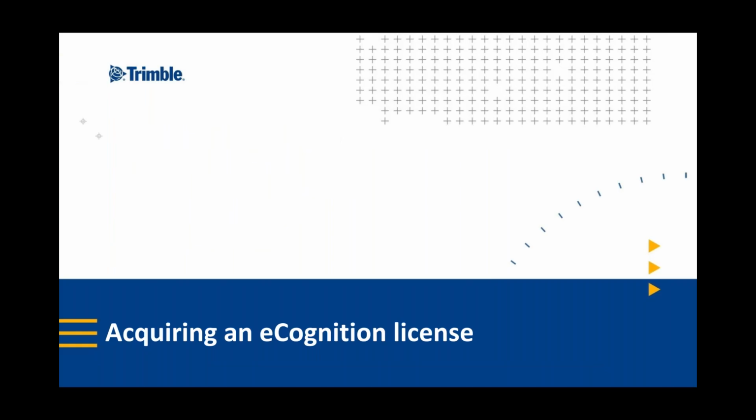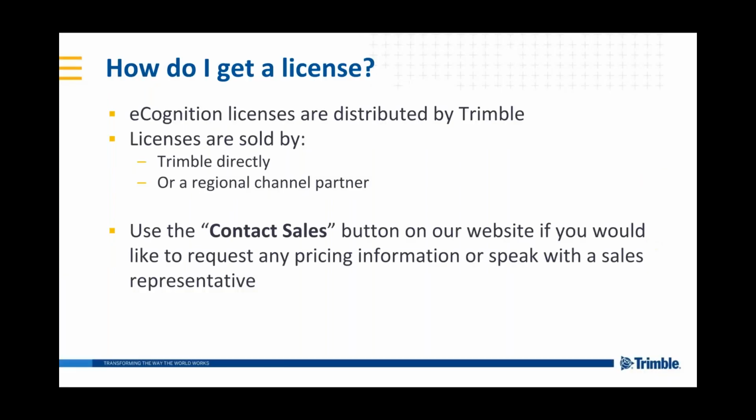Acquiring an eCognition license. Well, how do I get an eCognition license? This seems really basic. Well, yes, you can get these eCognition licenses through Trimble. We distribute the eCognition licenses here. They're sold by, in some cases, Trimble directly, or one of our regional channel partners. So you can reach out to either of those people to get that eCognition license.